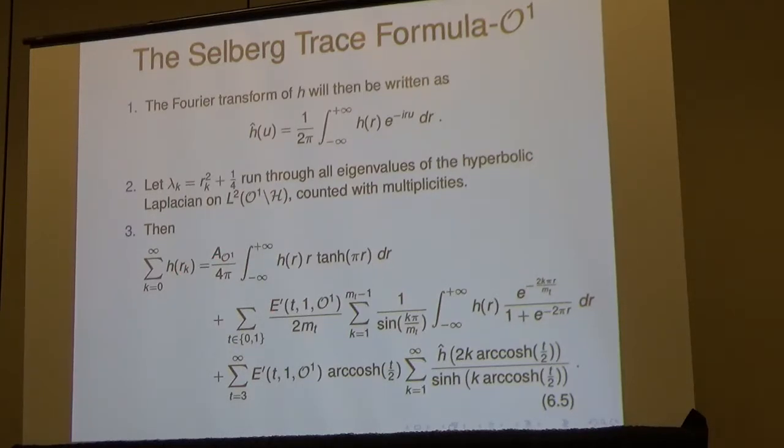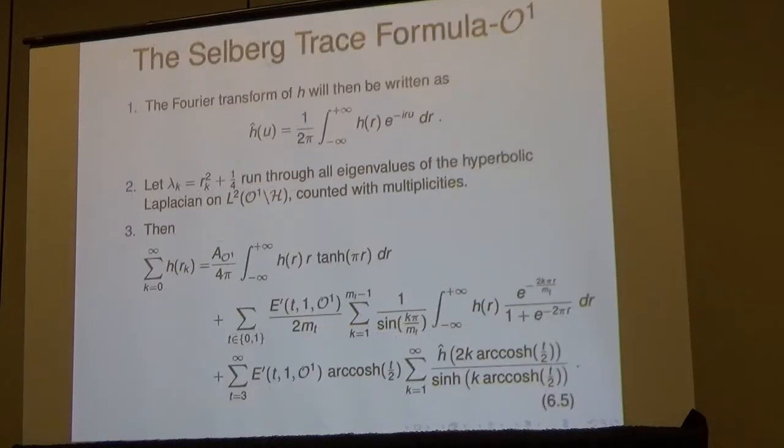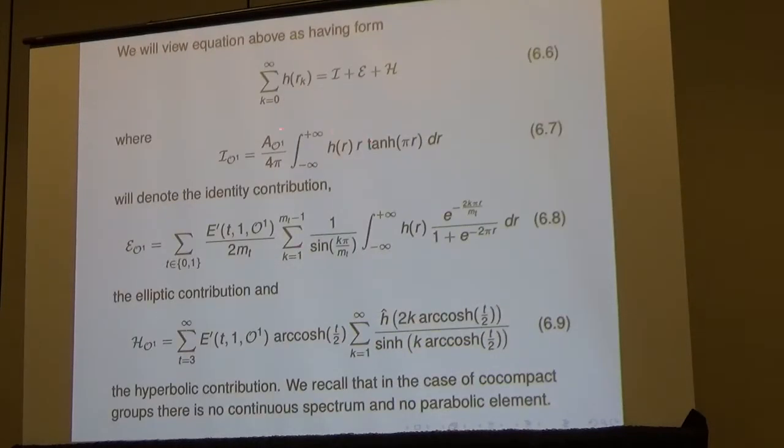It has an identity term, hyperbolic term, and elliptic term, and we think of it as written in this form: term 1, term 2, term 3, identity, elliptic, hyperbolic.